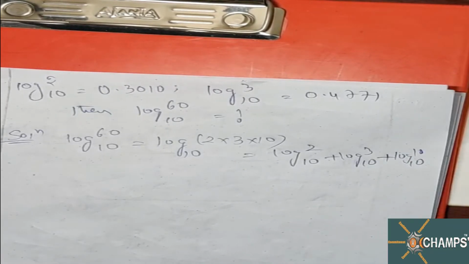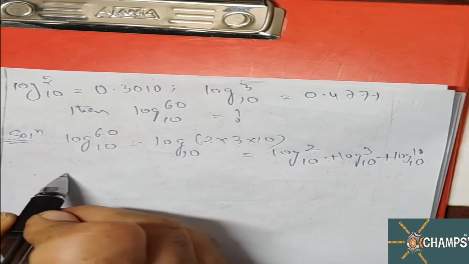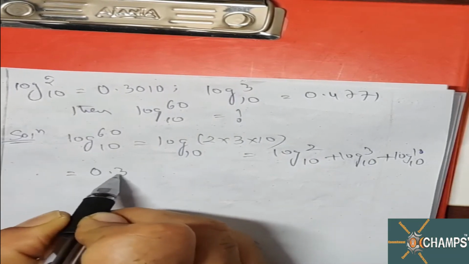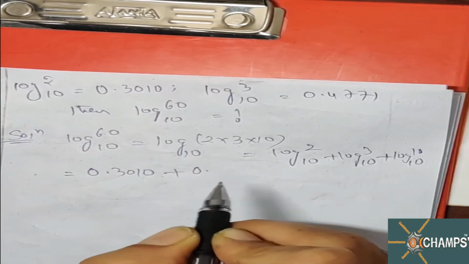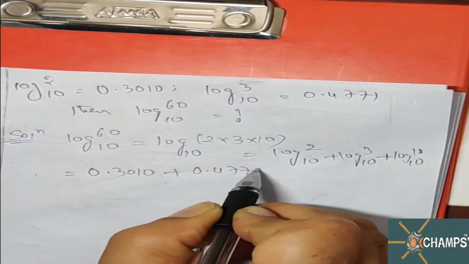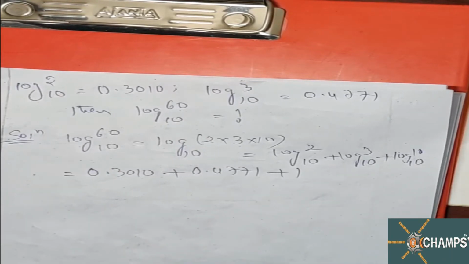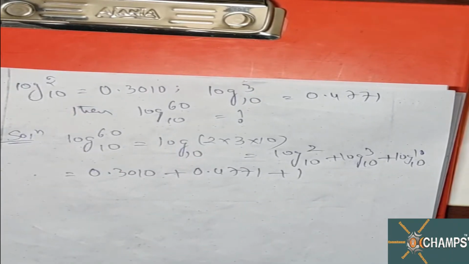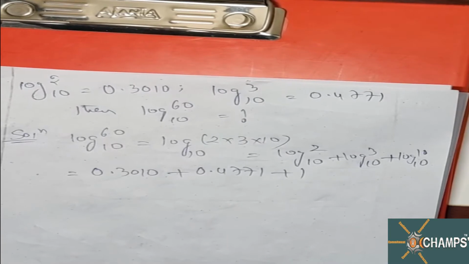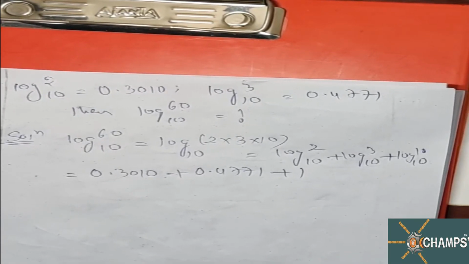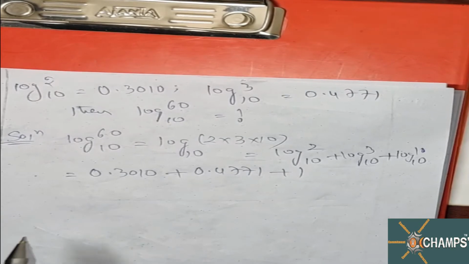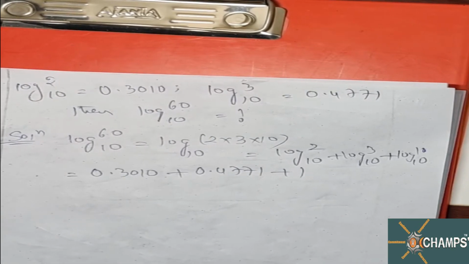Log ABC can be written as log A plus log B plus log C. Log 2 to the base 10 is 0.3010, log 3 to the base 10 is 0.4771, plus log 10 to the base 10 is 1. 0.3010 plus 0.4771 plus 1. This is 1.7781. Let me check this once again, sir.